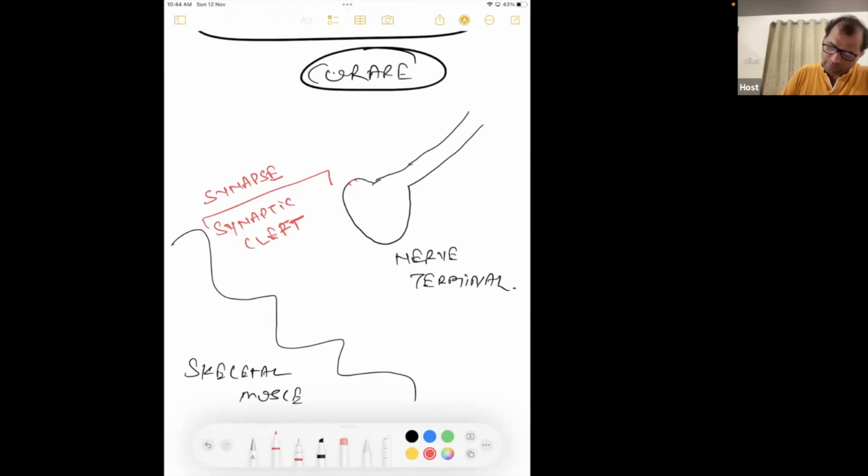So the nerve membrane, this one before the synapse, is called the presynaptic membrane.